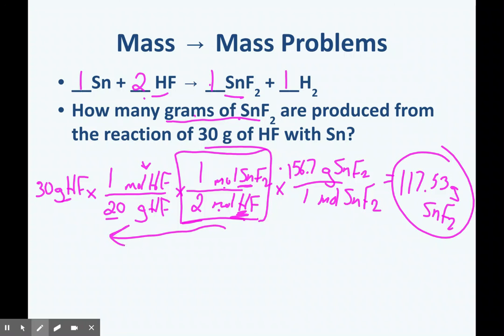Anything before this will either be your original substance in moles or getting it to moles so you can get to this step. Anything after this will either be stopping there because you want moles or getting it to grams because you're looking for grams of that second substance. So this step here, that molar ratio, is going to be kind of the switching point for your reactions.